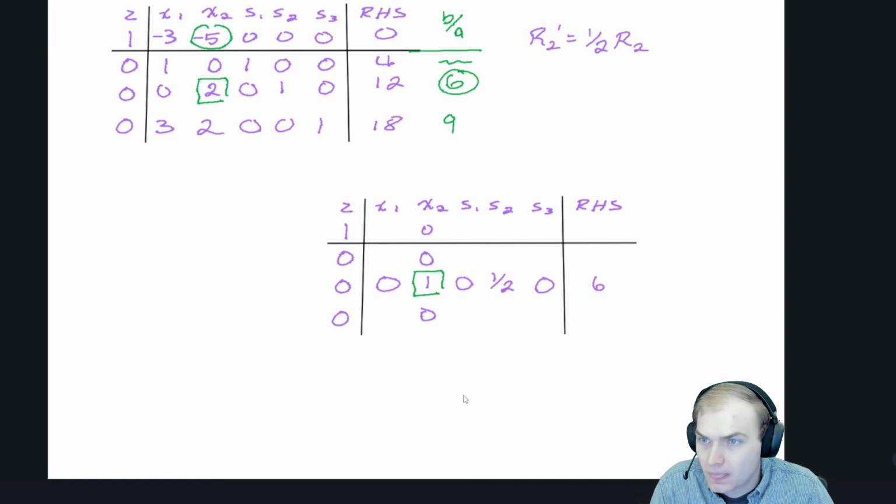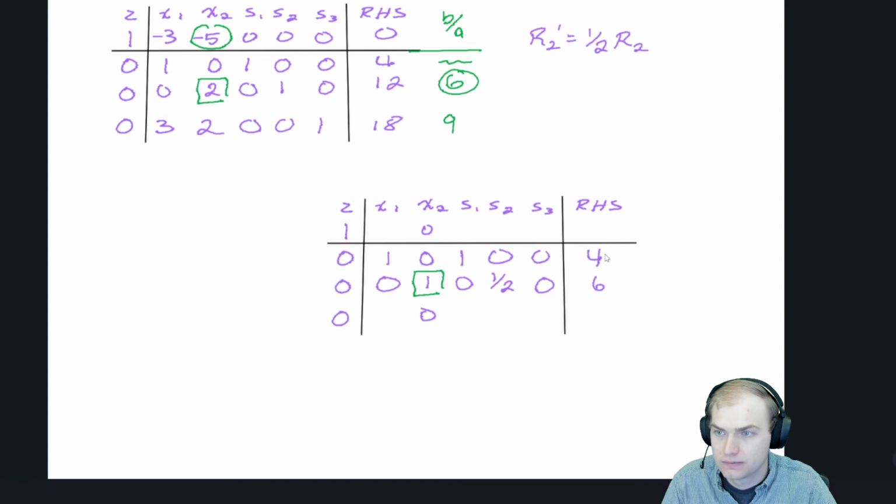Then we can start eliminating other rows. There's already a 0 here, so row 1 does not change. We don't need to touch row 1.